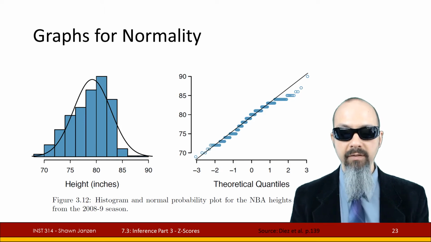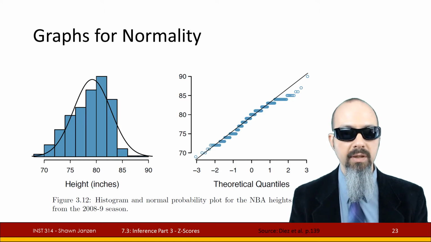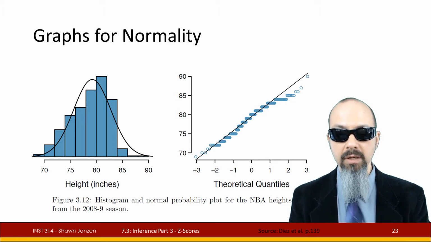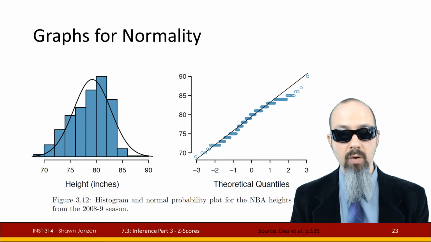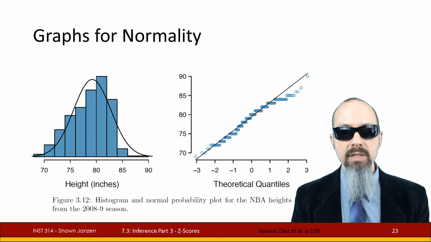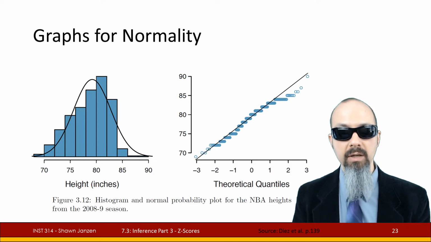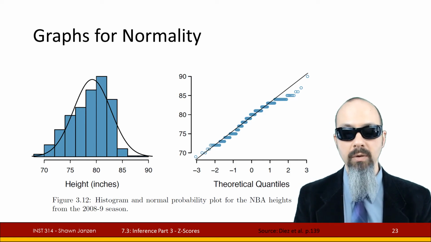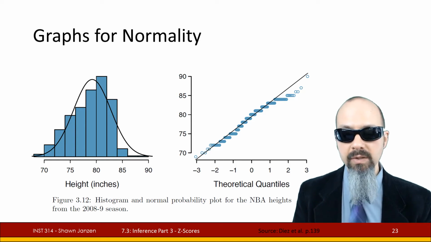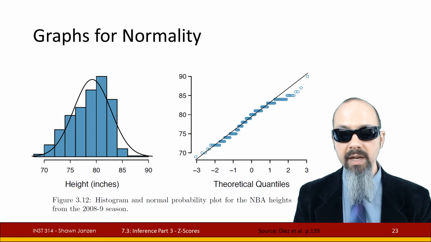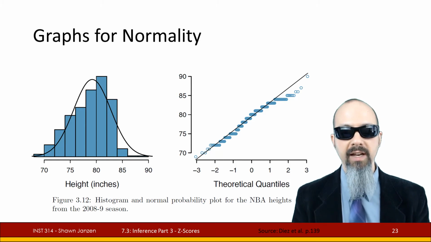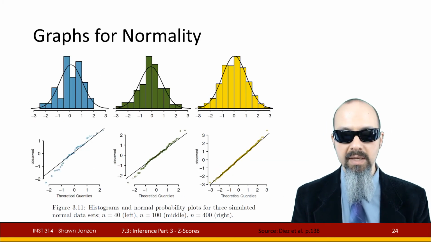And if all of your values, the observed, meet up with where they should theoretically be, then they match along that black line perfectly and very tightly, and you are normally distributed. But the more your dots deviate from that black line in a QQ plot, the less normal your data is. And the readings will go into a little bit more in terms of reading these QQ plots and finding out when they deviate to the top or the bottom, where that skew is in particular.